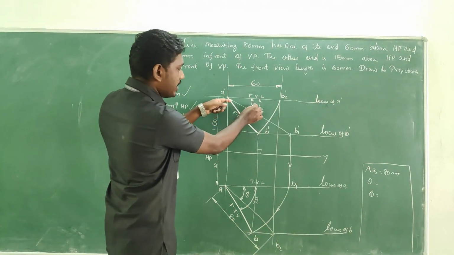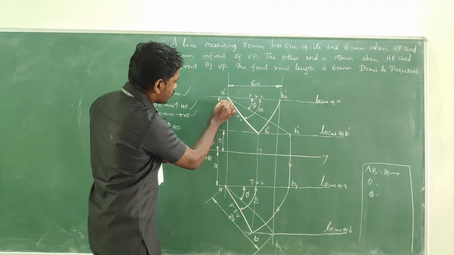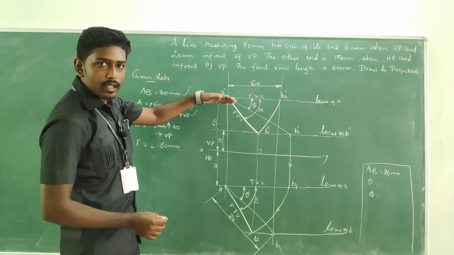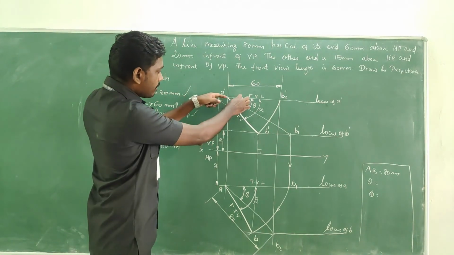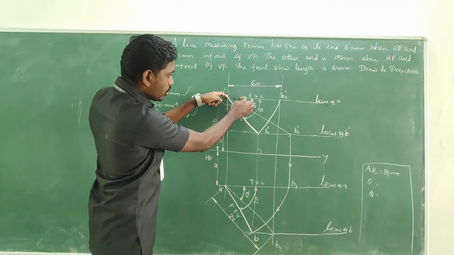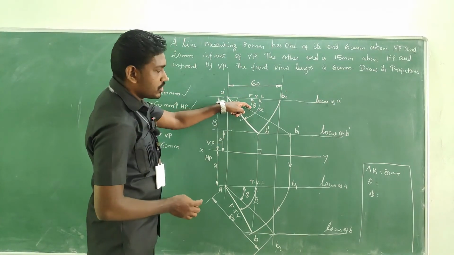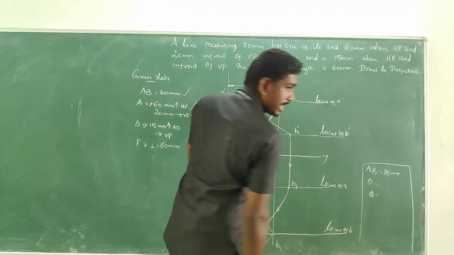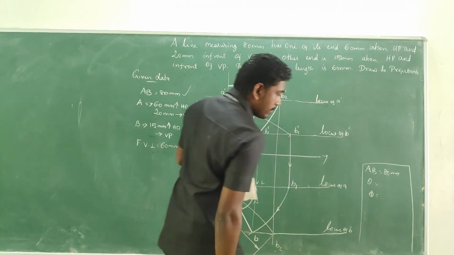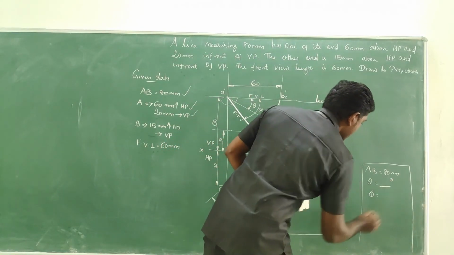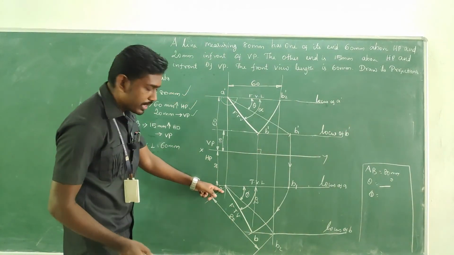Theta can be got from here, for which you can keep your protractor in this manner, okay? Keep it this way and read from 0 on this line and measure it, and whatever value you get you can write here, okay? You will get it in degrees. Do the same here.